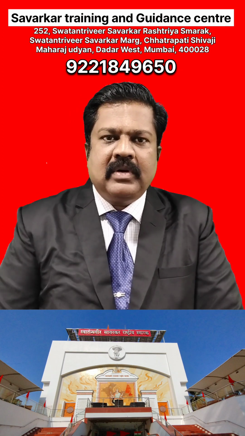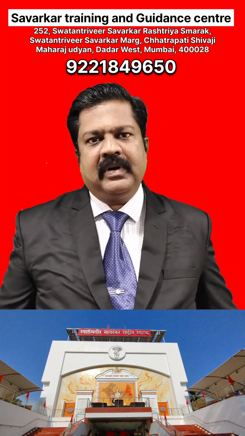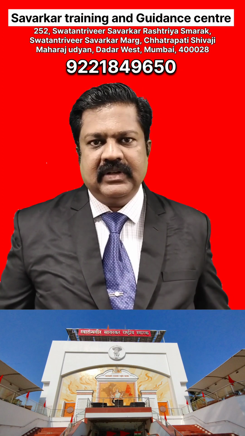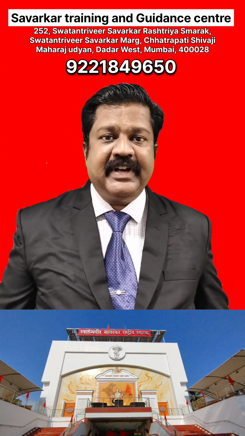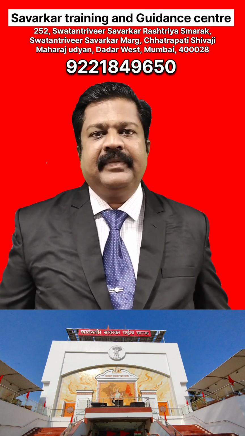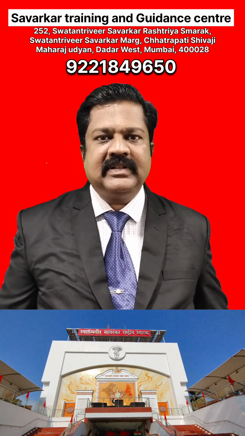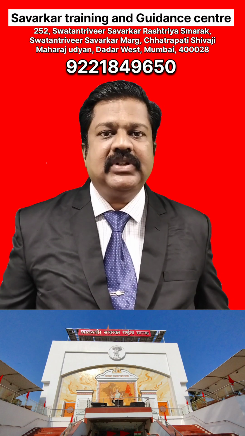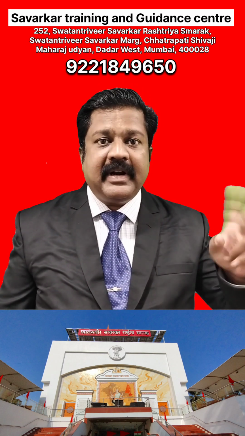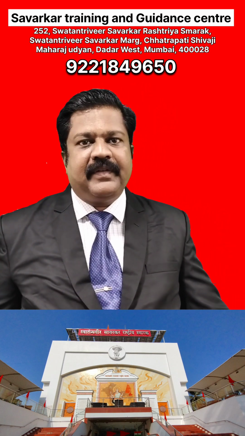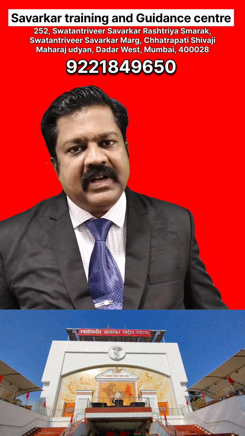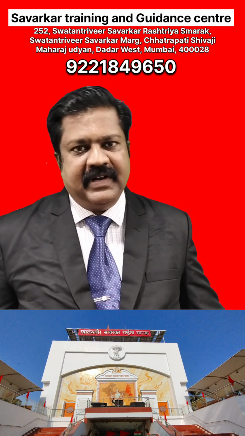Now, about preparation. First paper, that is general studies. Total 10 subjects we have to study there: physics, chemistry, biology, environmental science, history, national freedom struggle. Here they are separating history and national freedom struggle, that means history till 1857 and after 1857.